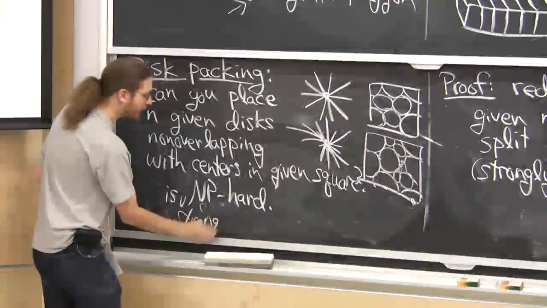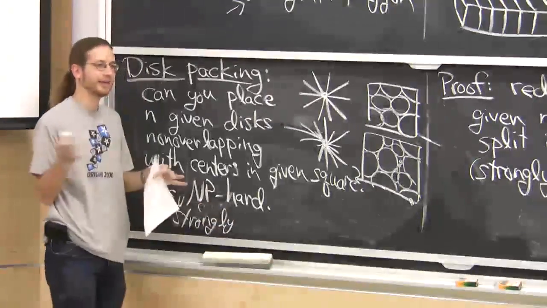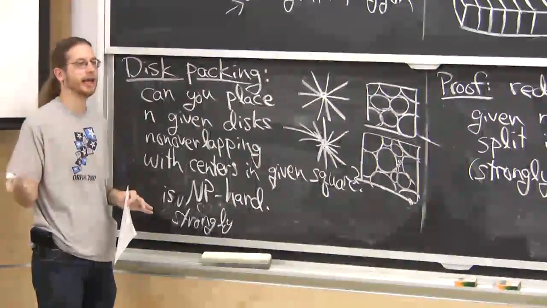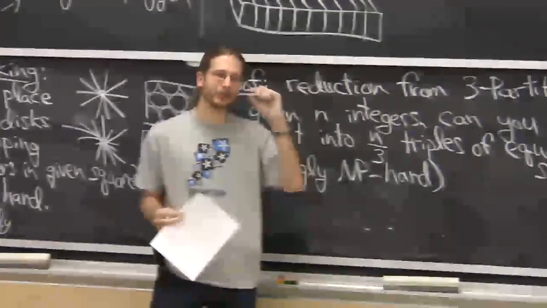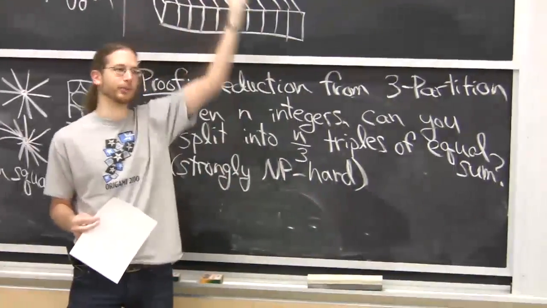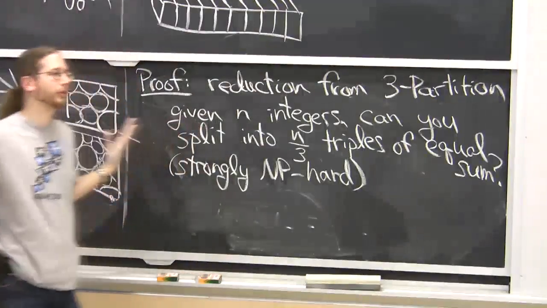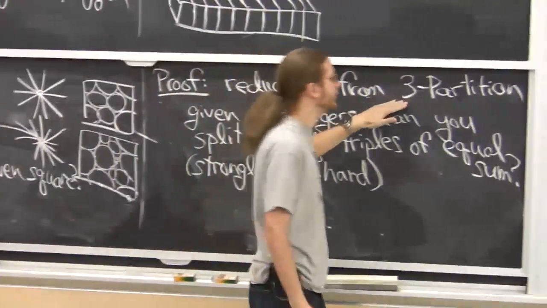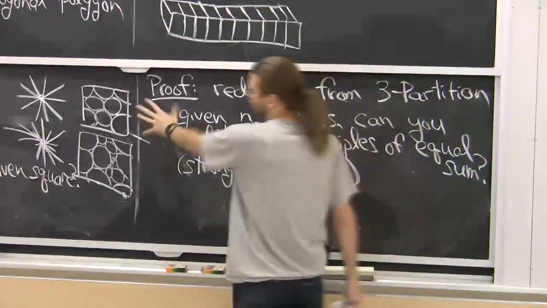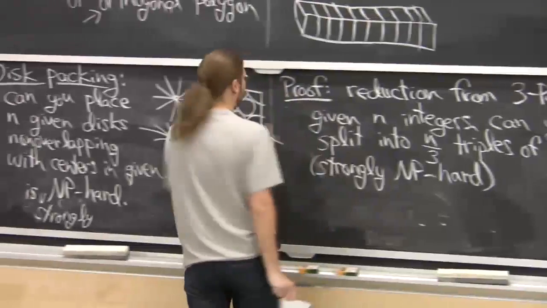So this problem is hard even when the disk sizes are not that different. There's like a range between 1 and n, let's say. If I reduce from partition, I'd need some disks to be microscopic and some to be ginormous. Exponential difference. I'm going to reduce from 3 partition because I get a better result. I get a stronger result that says even when the disks are not so different in size, this problem is NP-hard.